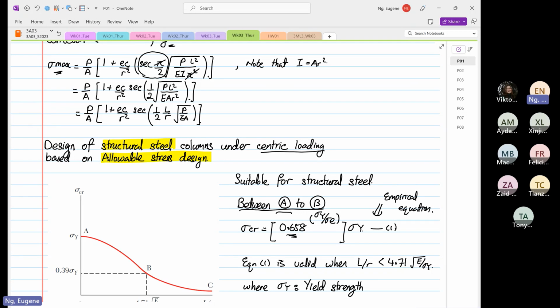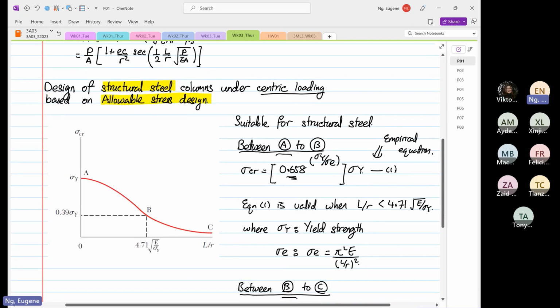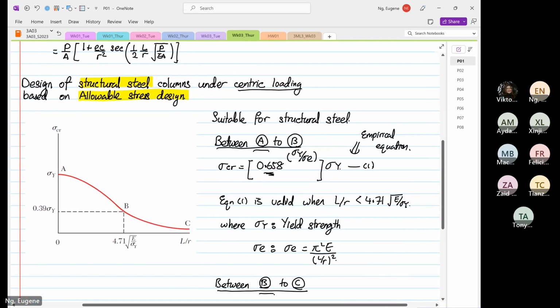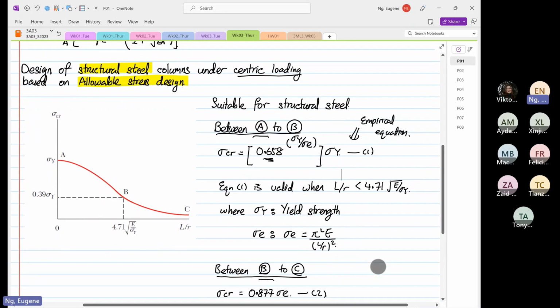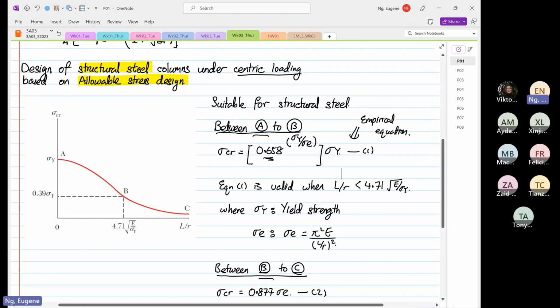We're going to design structural steel columns. Now we go back to centric loading, based on allowable stress. So I'm going to recap. What we have over here is the design of structural steel.